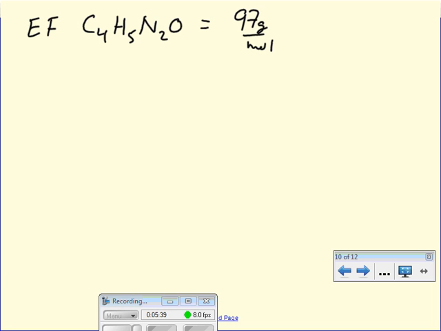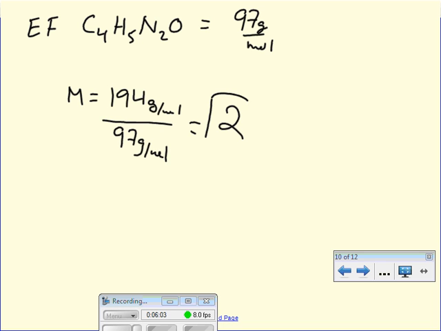The molecular mass is equal to 194. So to get the multiplier, I just divide the molecular mass over the empirical formula mass, and that gives me 2. This is my multiplier.